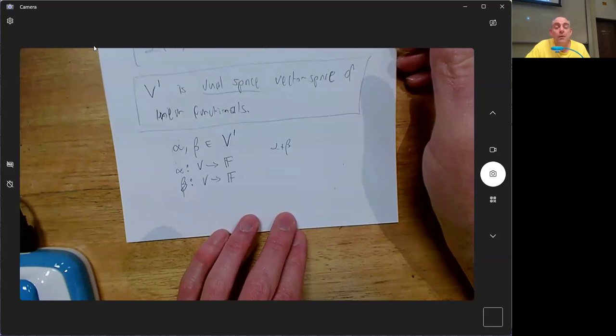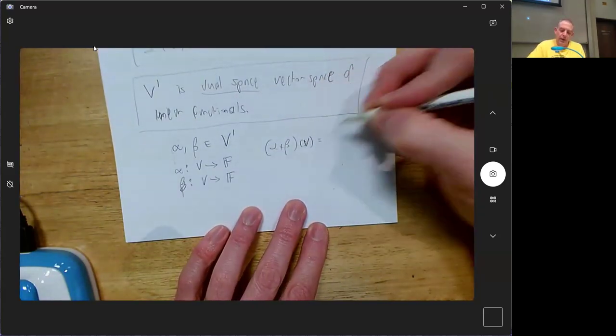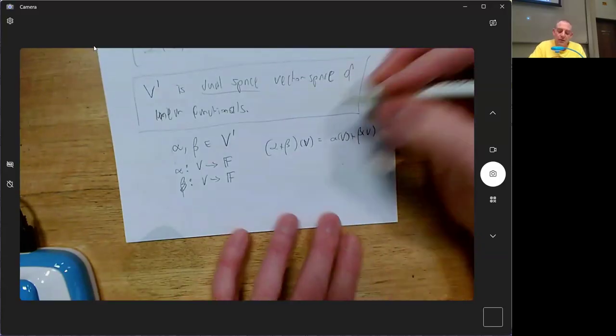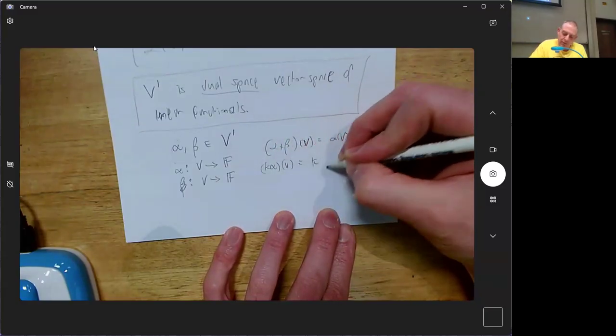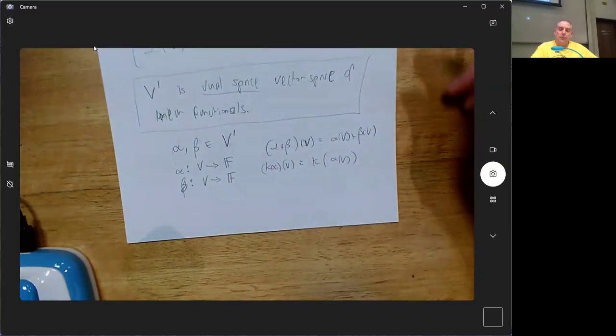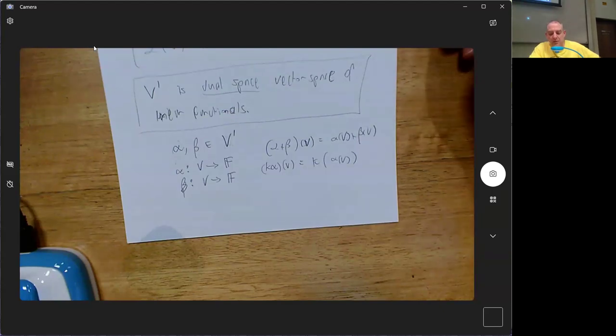Like alpha plus beta of the vector v would be alpha of v plus beta of v, something like that. And k alpha of the vector v would be k lots of alpha of v, something like that. Okay. Cool. Like for it to be a vector space, you have to be able to do the things vectors do, which is addition and stuff. Okay.